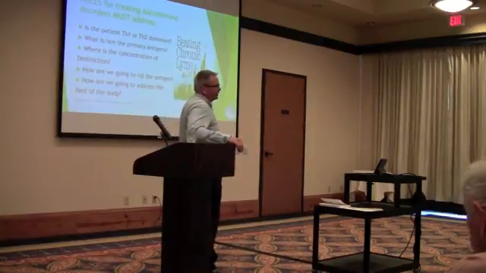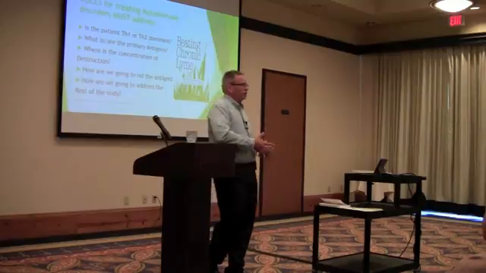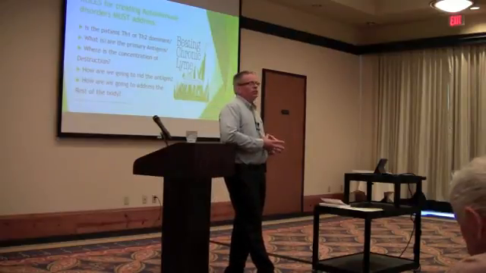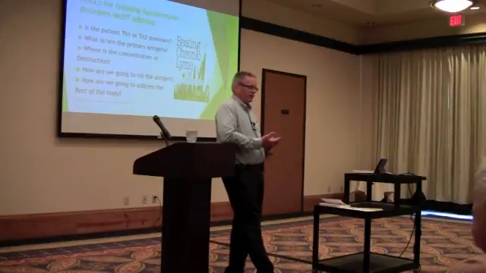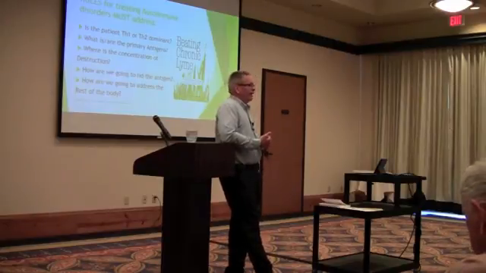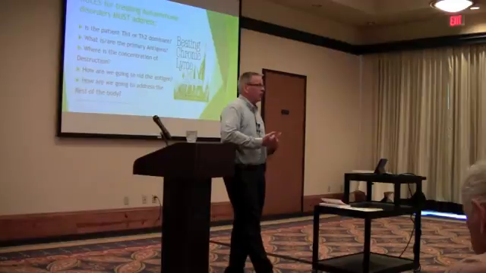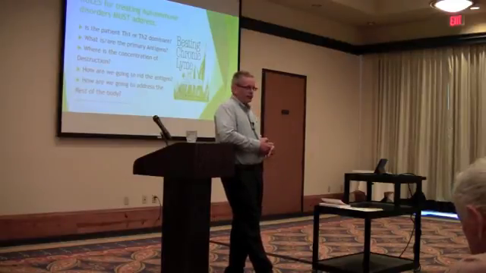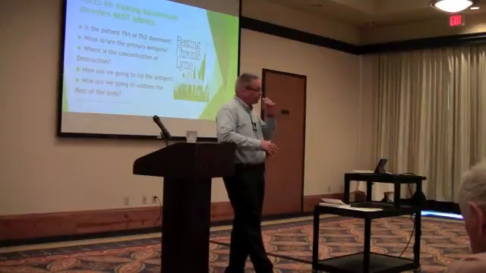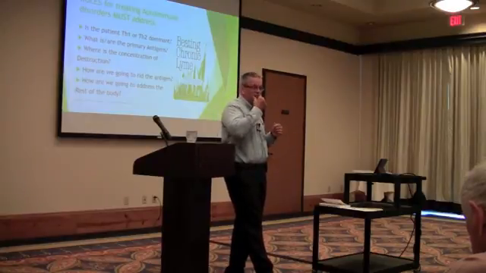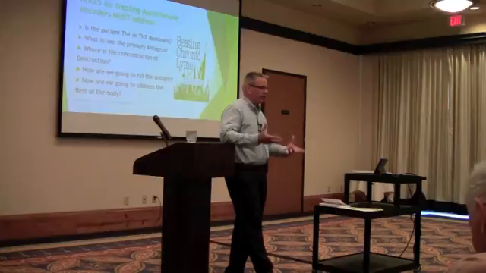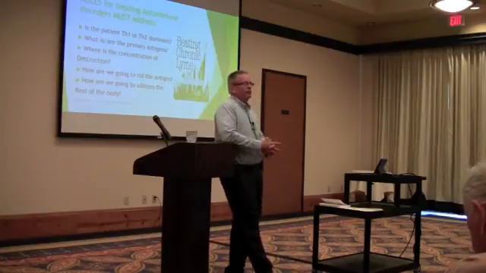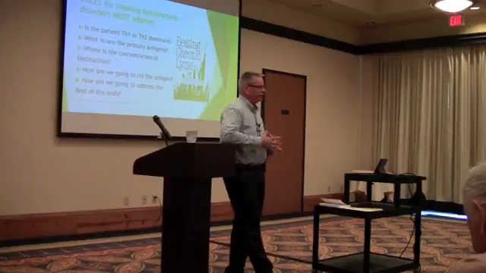Number three, where is the concentration of the destruction? Remember, if my immune system turns on against a virus in my body, that virus can be concentrated over a period of time in certain areas. With Lyme disease, you know somebody who has joint swelling and arthritis, and that's their primary concern, but they don't have any neurological issues.